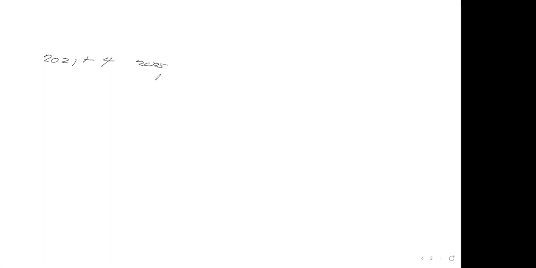We are 4 years away from a perfect square. And then if you bring the 4 to this side, you get that. And this is a perfect square, you see? So it's 45 squared. And this is minus 2 squared. And that's the difference of 2 squares. And any difference of 2 squares you can factorize.